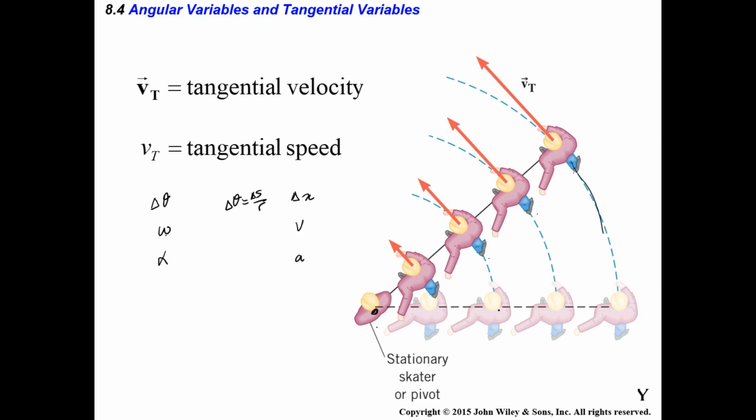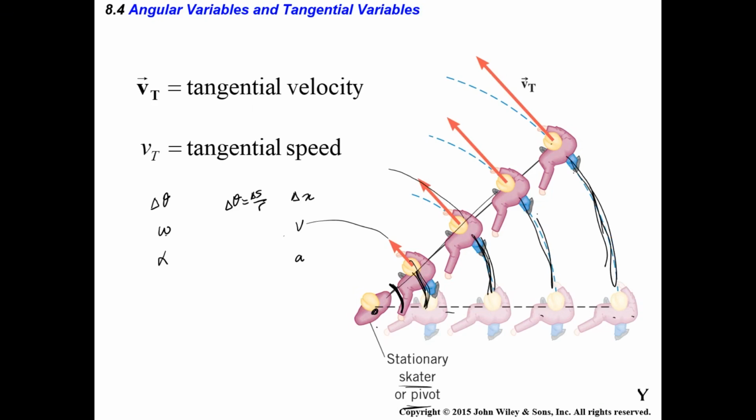They have started next to each other and they are moving in circles around a stationary skater here, or a pivot. So one thing I will notice is all of these skaters are moving together, so their angular displacement is the same. But as you can see, some of them have to cover larger arcs than the rest of them.